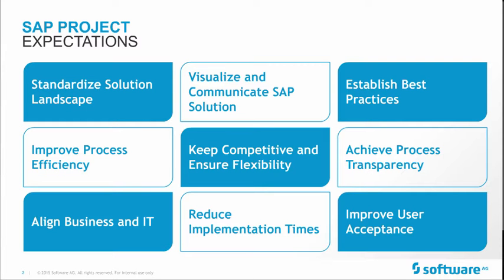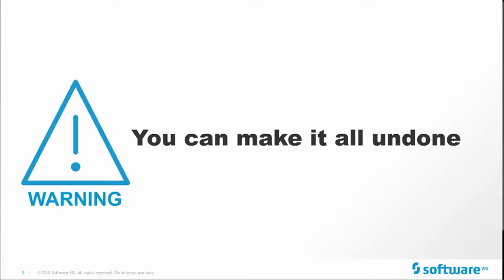Probably they want to reduce the implementation time so that, well, it brings money into the company to do such an implementation, which is basically one of the main targets. So basically that's all your expectations, your requirements, and if you don't take care of some things in that, then you can make it all undone and you can get into trouble.